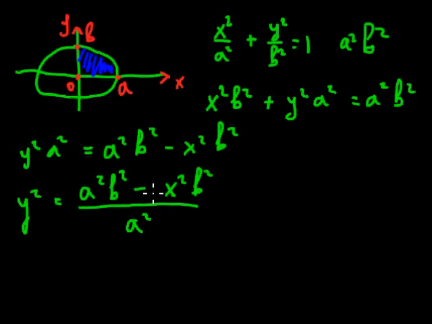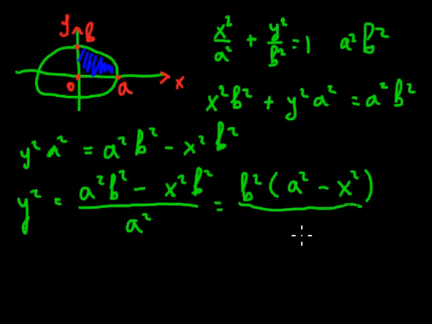Next step, let's factor out b squared, and we get a squared minus x squared divided by a squared, and let's just write it like this. It's same thing, we can just write it like this, b squared over a squared, and we can write this thing over here, a squared minus x squared.